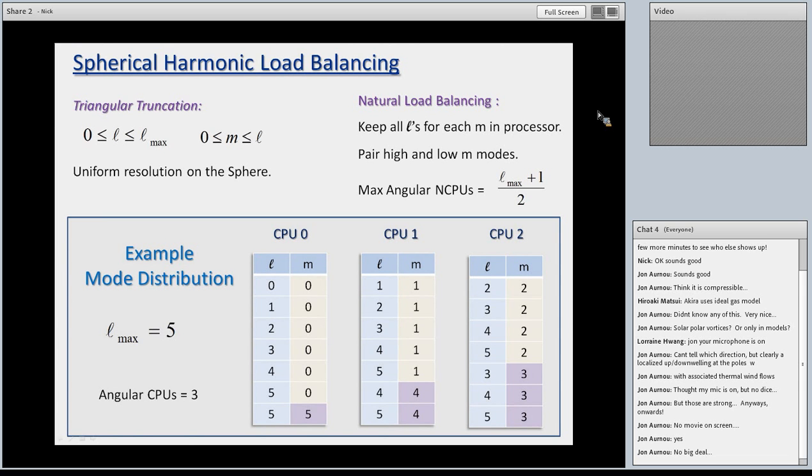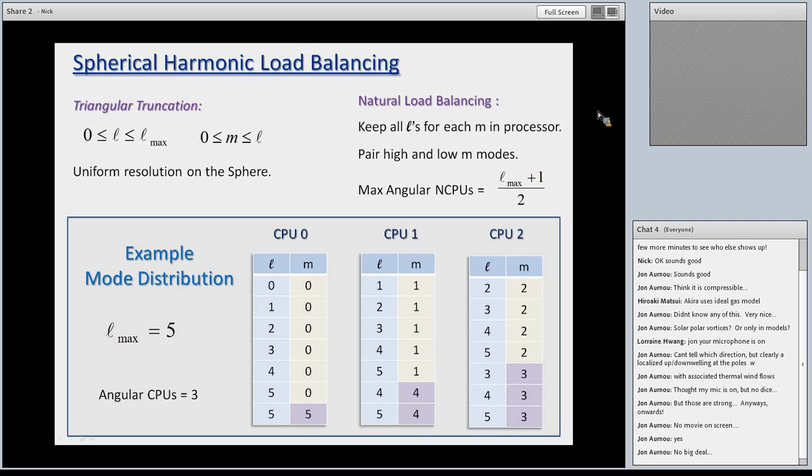This leads to a natural load balancing where you keep all of the L's for a given M in a processor. So at some M, I'll have all the information I need to do a Legendre transform, all the L's that go with that M. And then you pair up the high and low M modes.